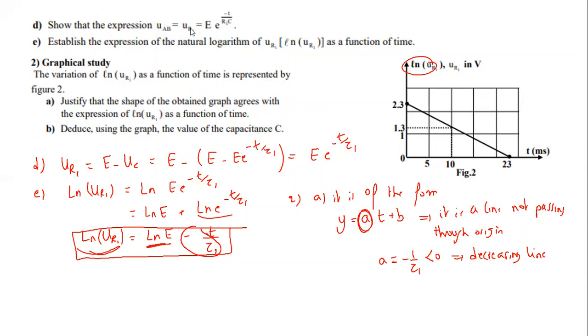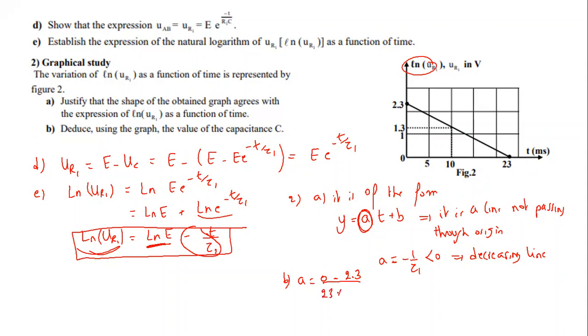In order to find the value of c, we now said that the slope is minus 1 over tau 1. So part B, I find the slope a equal y final minus y initial. We take the values: y final is 0, y initial is 2.3, over t final, which is 23 milliseconds.